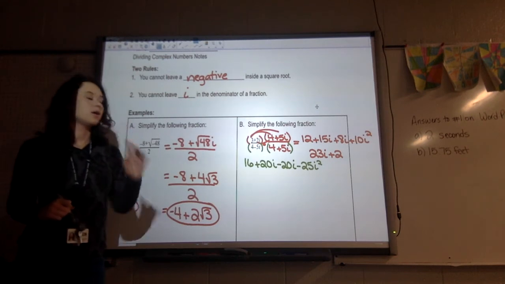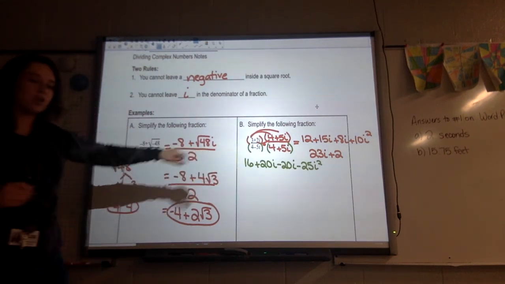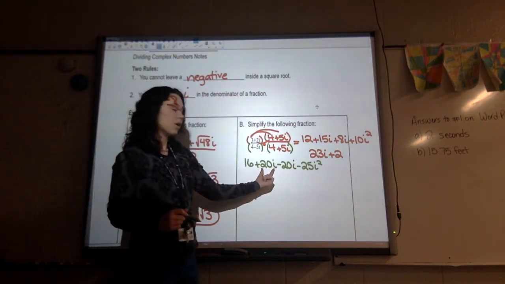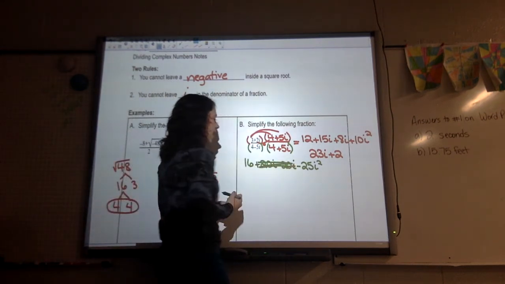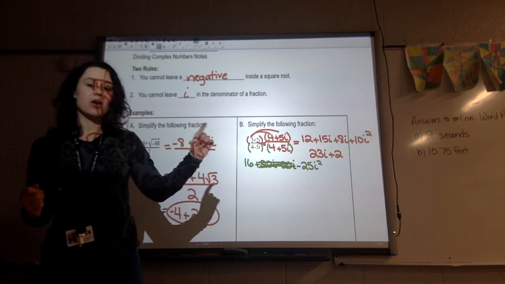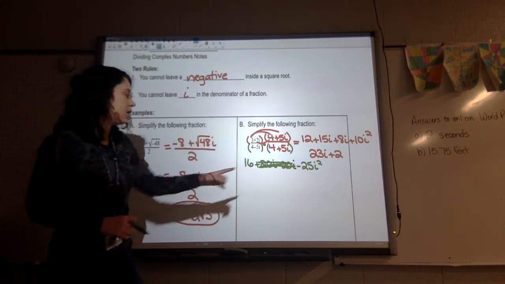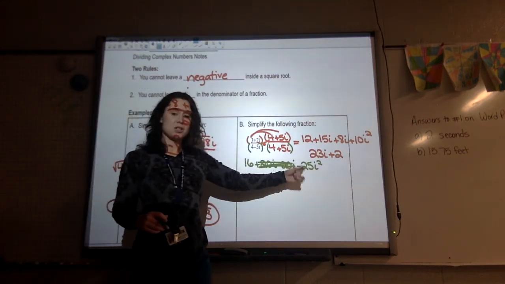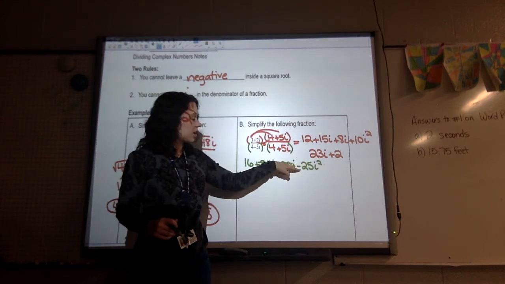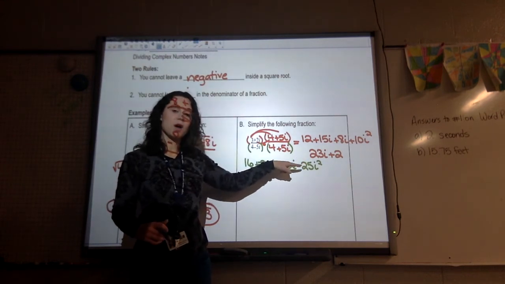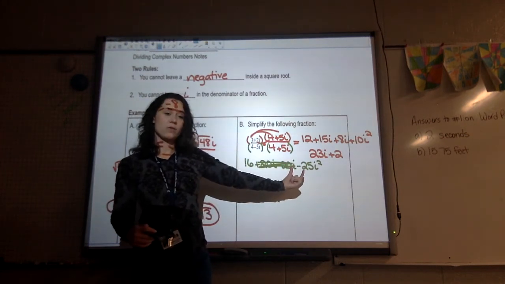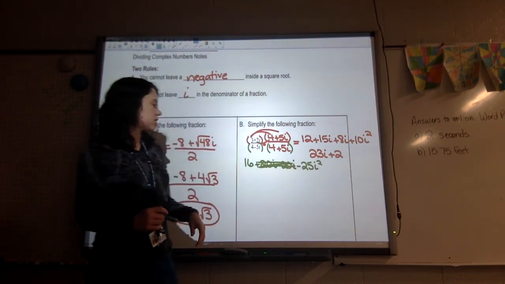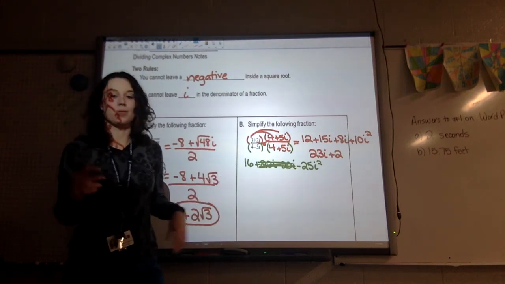Okay? And if you notice right here, look what just happened to your i's. You have a positive 20i and a negative 20i. Well, those canceled out, and all you're left with is 16 minus 25i squared. So what happens with that i squared? Well, that's negative 1. So it changes the sign on my negative 25. So what I actually have here is 16 plus 25, which is, let's see if I can do math, 41.